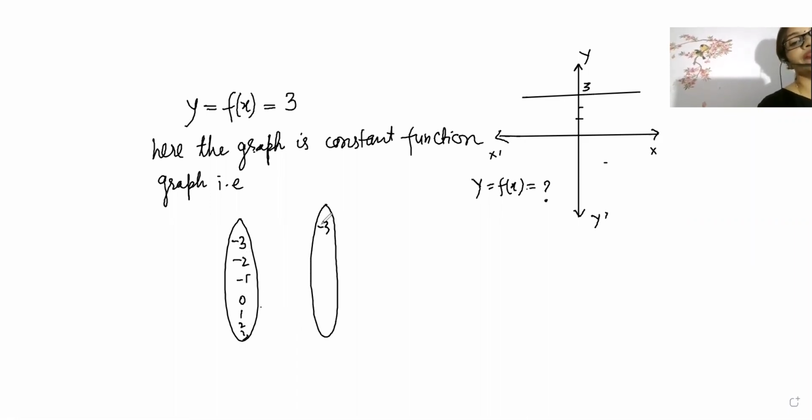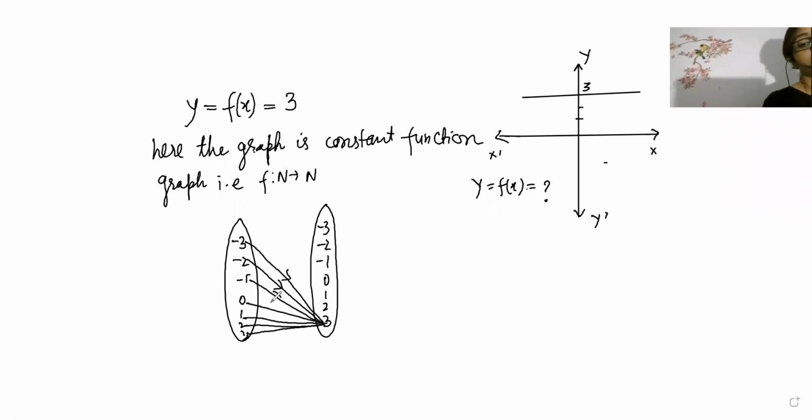Here also, if we will take function f such that n tends to n, then we are seeing one very common thing. Whatever value of x you will take, it will always give only one value of y.